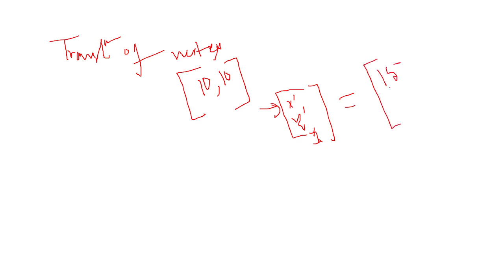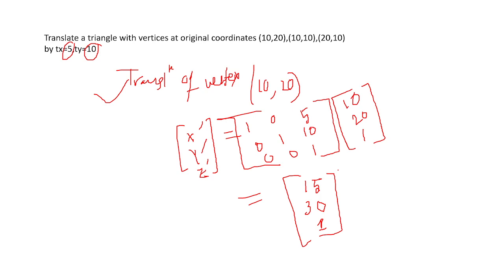And what will be the next one? 25, 20. Okay. So likewise we'll get the translation of all the vertices of the triangle with original coordinates 10, 20, 10, 10 and 20, 10.